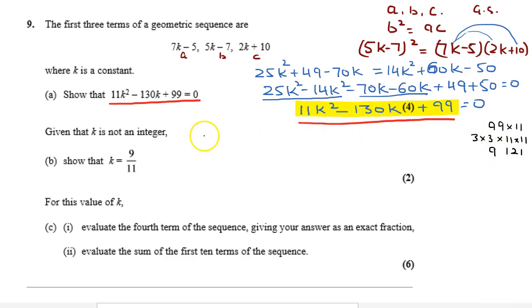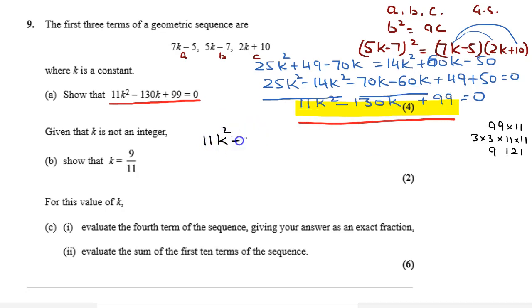Right, so we can write 11k square minus 121k minus 9k plus 99 is equal to 0. This is the way we factorize it.